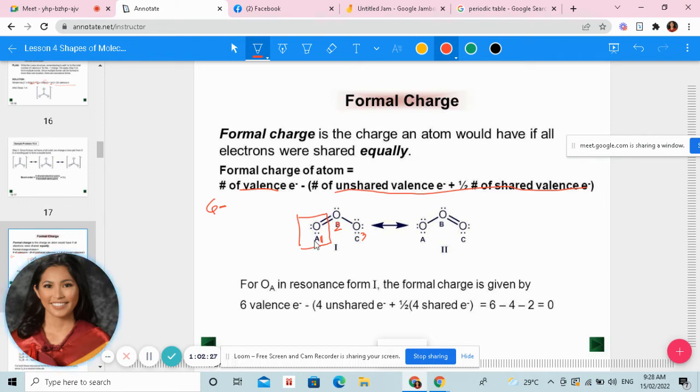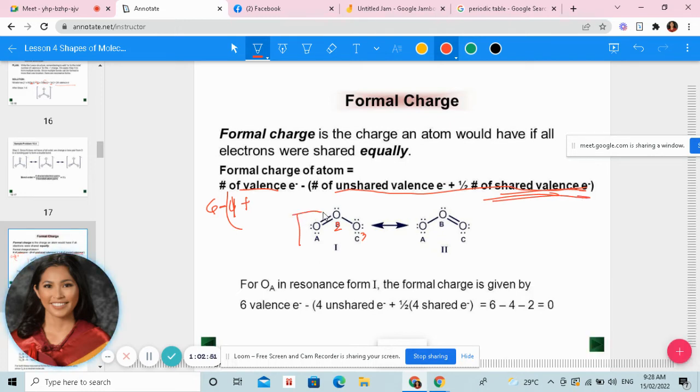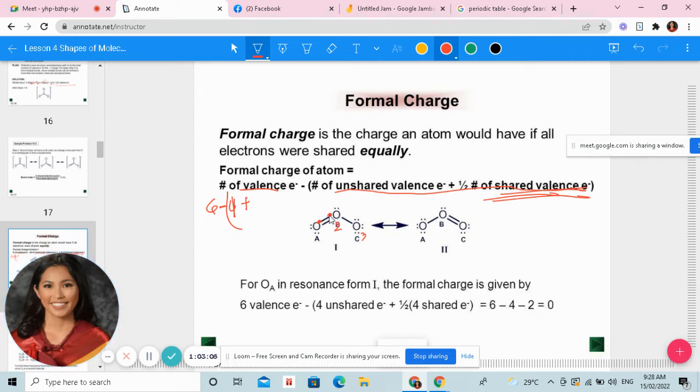How many unshared valence electrons? 1, 2, 3, and 4. We have 4, plus 1/2 of the shared valence electrons. How many shared valence electrons? 2. 1, 2, 3, 4. That is equal to 4.